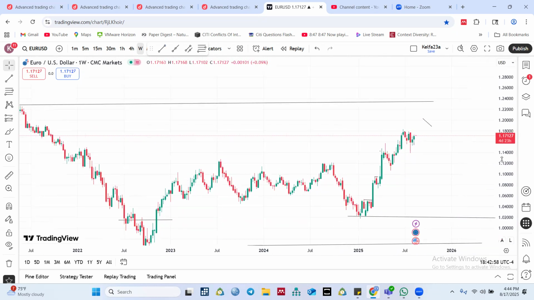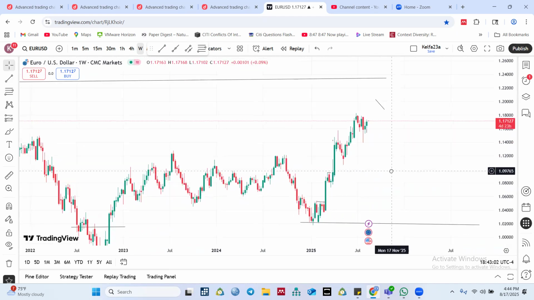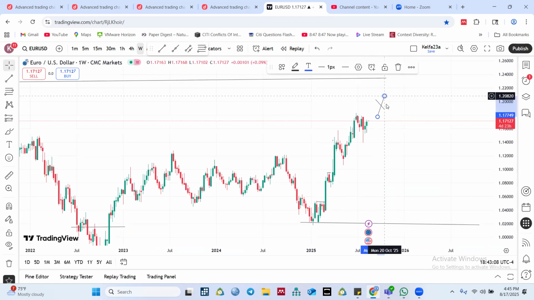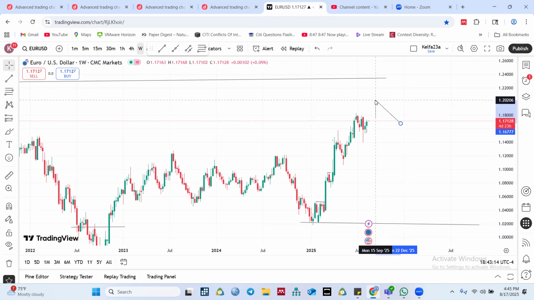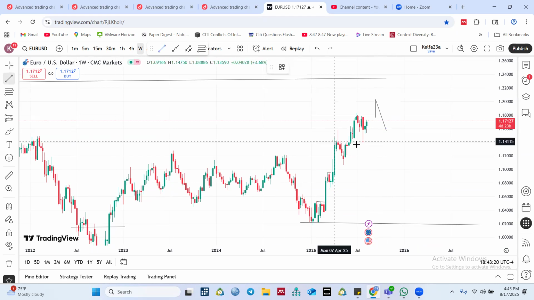Okay, so one, we are inside the premium zone. So what are we going to look for? We have to look for a move to the upside, and another move that comes down to take the low of the move that went outside.